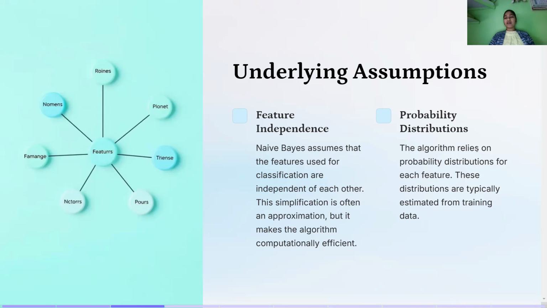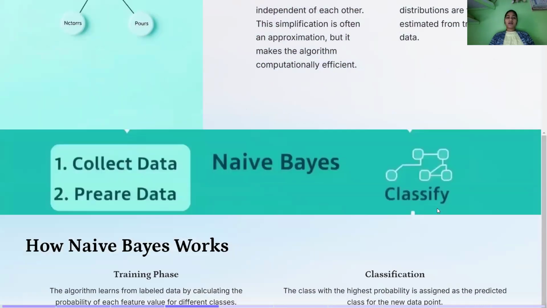The algorithm relies on probability distributions for each feature. These distributions are typically estimated from training data. While these assumptions do not always hold true, naive Bayes still works surprisingly well in many cases.